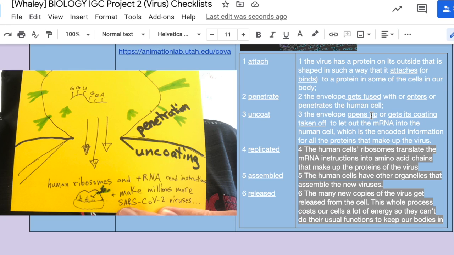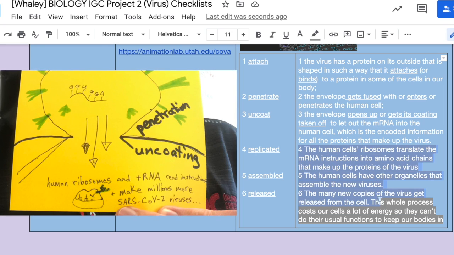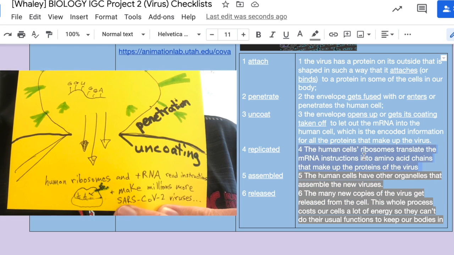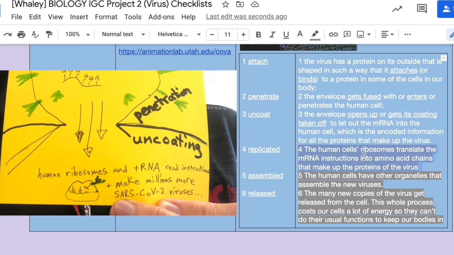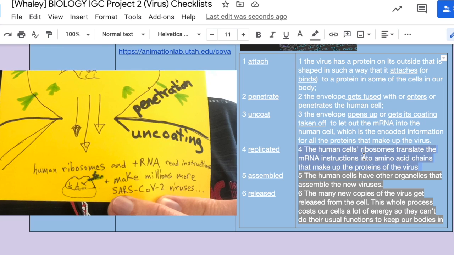Like I said, in the one that I studied, it got fused together, and so all of its mRNA, or messenger RNA, which has the code, the message, it dumps into our cells. And then now the cell starts doing work. That's why I made these steps a different color. The human cell's ribosomes translate the instructions into amino acid chains that make up the proteins of the virus.